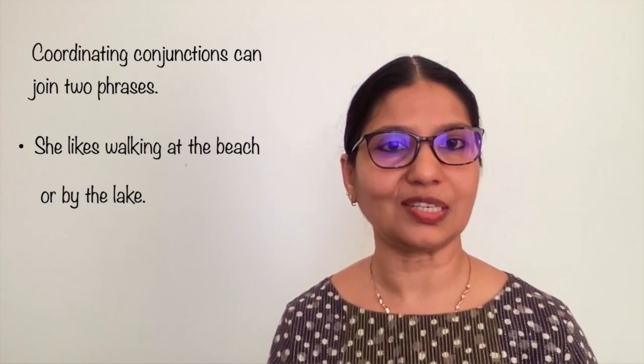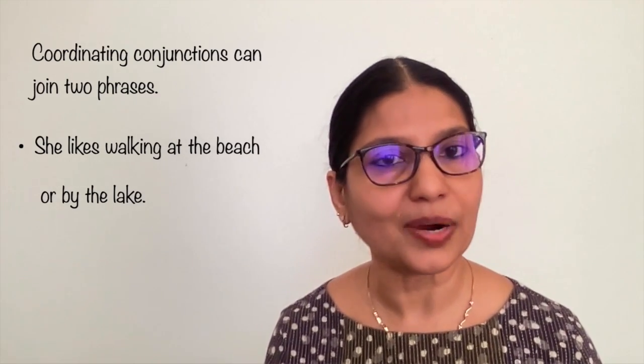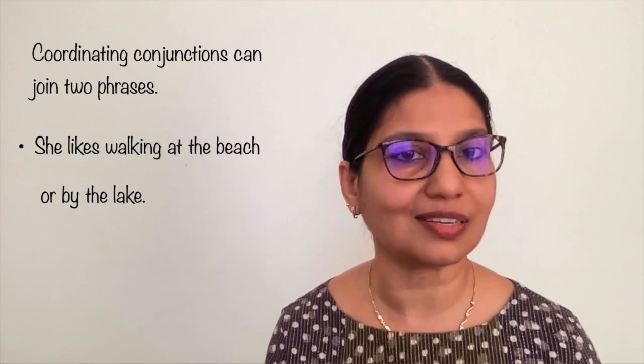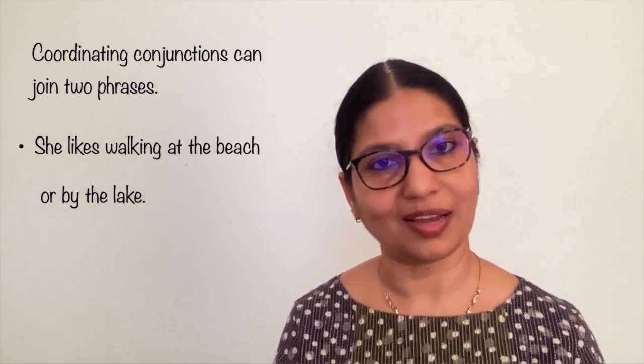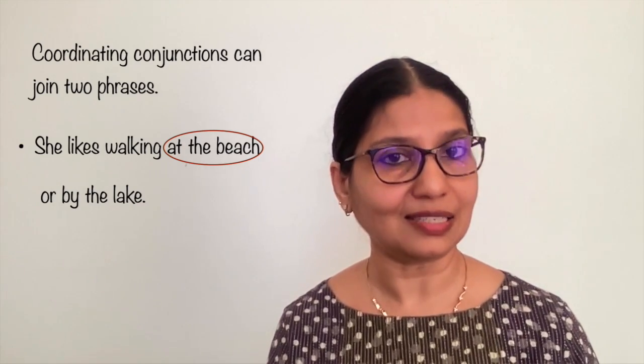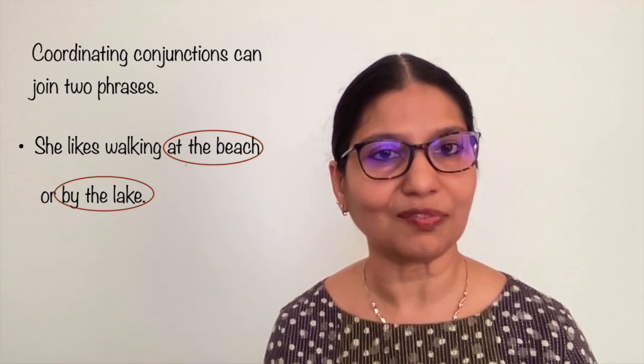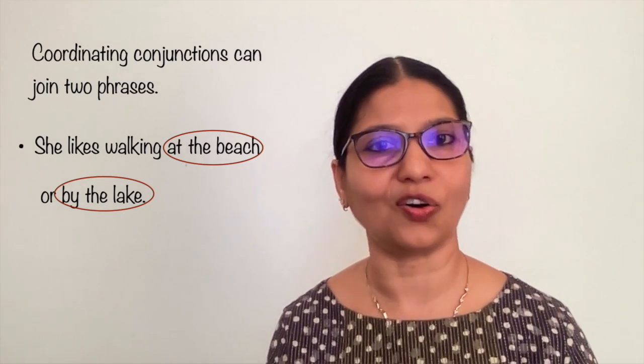As I told you, a phrase will be a part of a sentence or a clause. So here you have an example. She likes walking at the beach or by the lake. Can you identify the two phrases here? You have at the beach, which is a phrase, and by the lake, which is another phrase, being joined with the help of a conjunction, or.